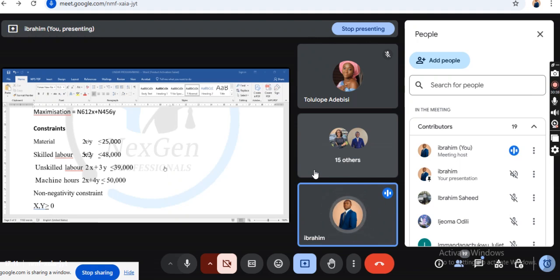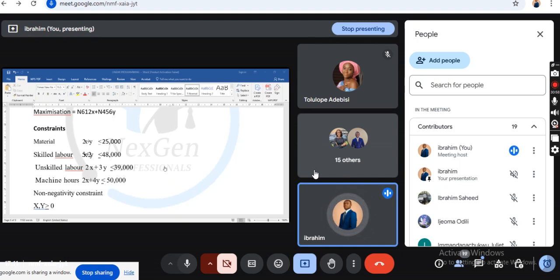When you pick material and skilled labor, they may not really relate to each other, because material is 2 kg per unit, 1 kg per unit, 25 kg per unit. But all that you want to determine is the units.